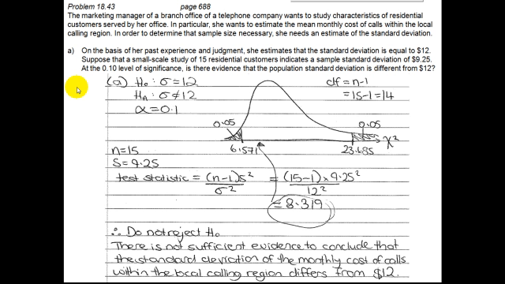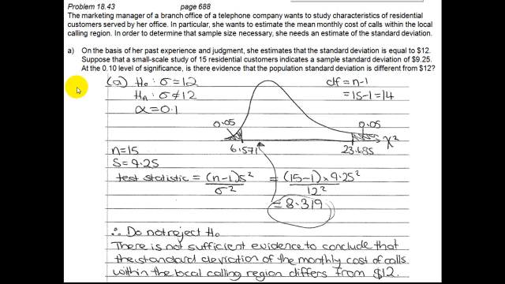We've got sample standard deviation S, so we just square that. That's the $9.25 squared. Now in terms of sigma, well, remember when you do a hypothesis test, you work on the assumption that the null is true. If the null is true, sigma is $12, so we can substitute that in. Put that all into your calculator and we come up with 8.319 as our test statistic.